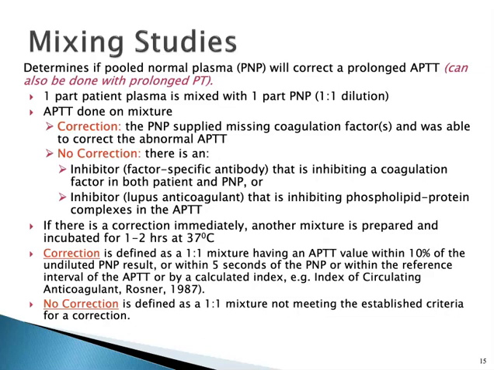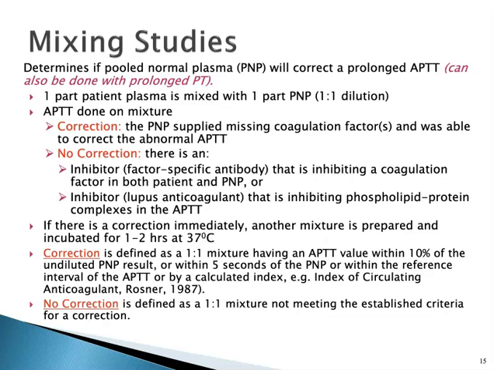The main point of a mixing study is to determine if pooled normal plasma will correct a prolonged APTT. You can also run a mixing study to determine if it will correct a prolonged PT.